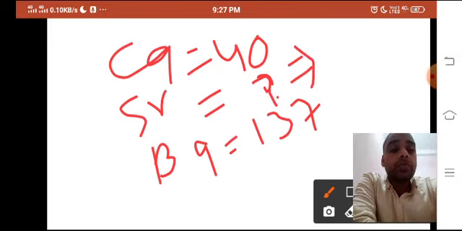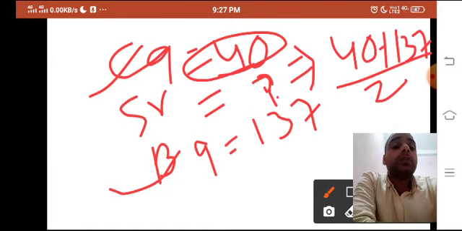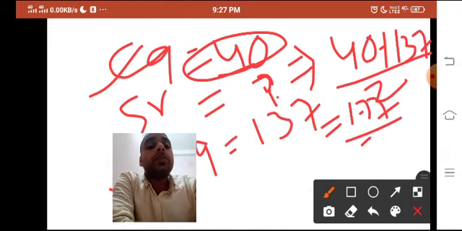We have discussed the average atomic mass of the first one and the third one. So 40 plus 137 divided by 2, 177 by 2, it will give you 88.5.